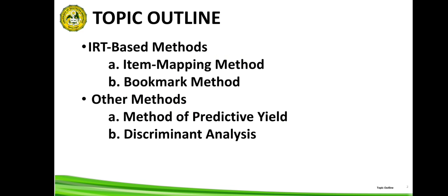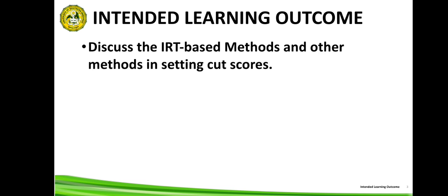For our topic outline, we will be discussing the IRT-based methods, which include the item mapping method and the bookmark method, and the other methods, which include the method of predictive yield and discriminant analysis. For our intended learning outcome, at the end of the discussion we will be able to discuss the IRT-based methods and other methods in setting cut scores.